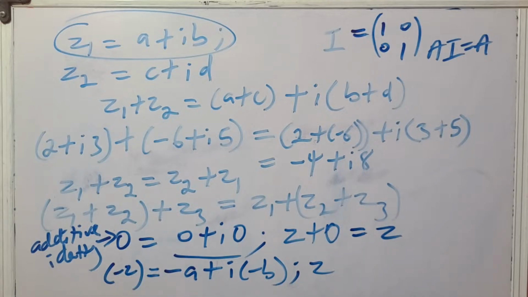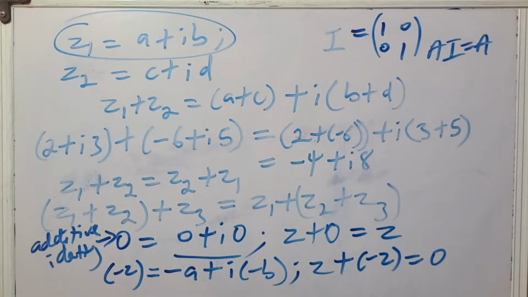I'm just trying to give you the properties so that in case you are being tested around this, you don't have any issue. So if you have the addition of a complex number with its additive inverse, you should always get 0 as your result. So these are just the few properties we'll be discussing on complex number. I just needed you to know this so that you don't ever come across this and have any issues.